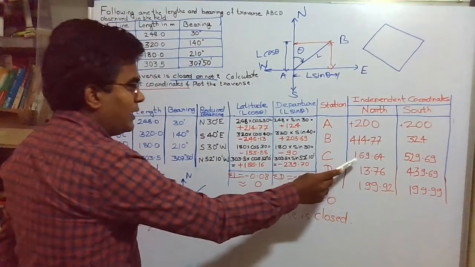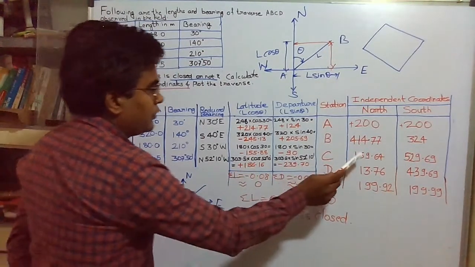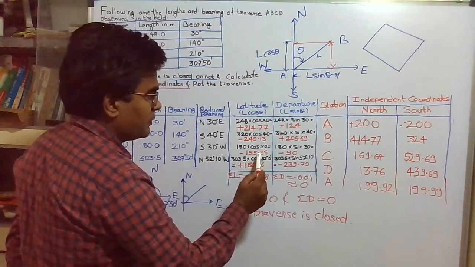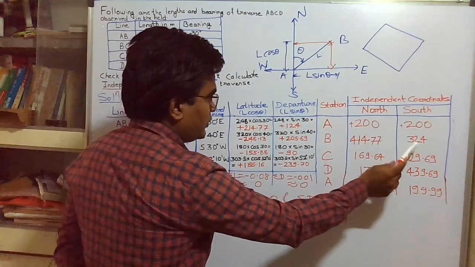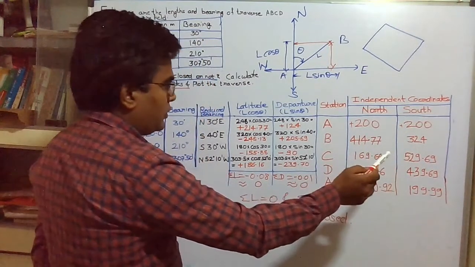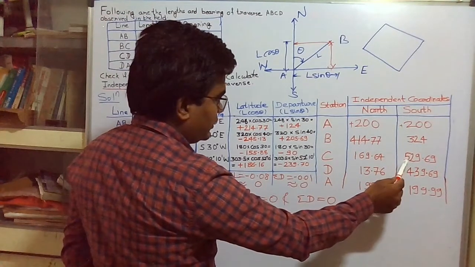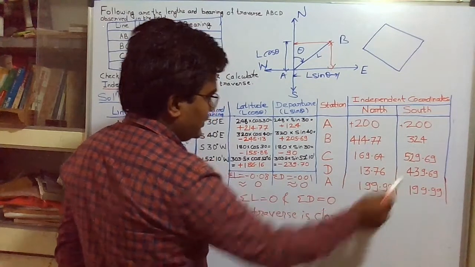Similarly, by adding the consecutive coordinate for D, that is 414.77 minus 155.88, we will get 169, and here 220, we will get the next coordinate 529.69 minus 90.